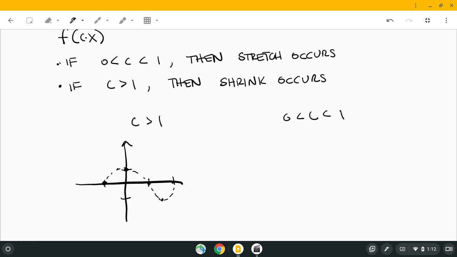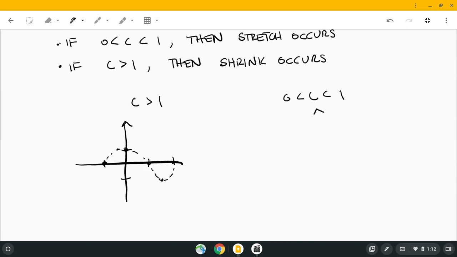We'll do it over here as well. Suppose this is your parent graph. Maybe it looks like this. When c is greater than 1, then we have a shrink that occurs, a horizontal shrink.